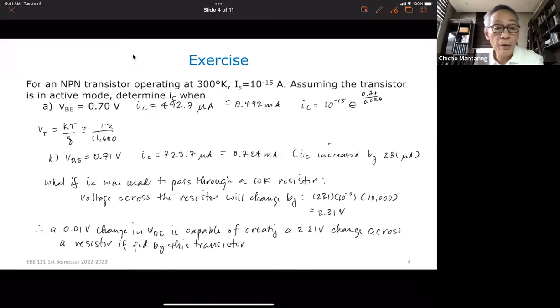And the reason why I wanted to point that out is this gives you a sense already that this can be used as an amplifier. Yung 0.01 na pagbabago, pwedeng maging 2.31 volts na pagbabago after passing through the transistor. So that gives you a sense that this can be used as an amplifier. And we're going to be taking up more of that in the next module, module 3, where the transistor used as an amplifier will be discussed.